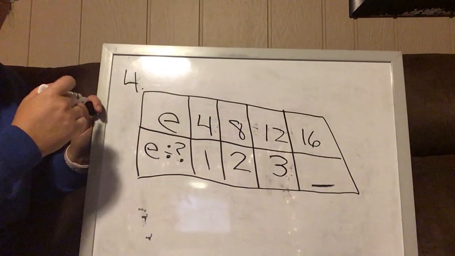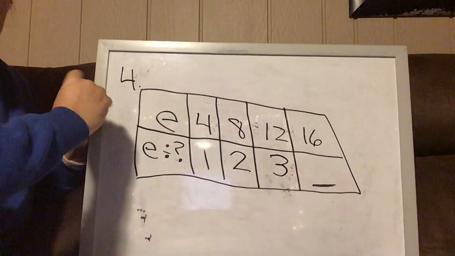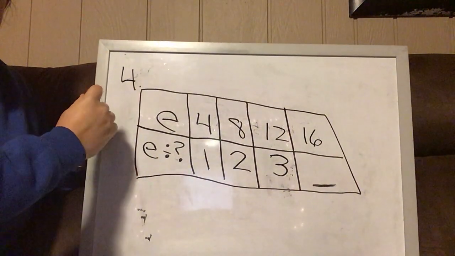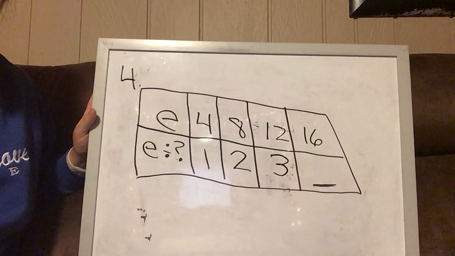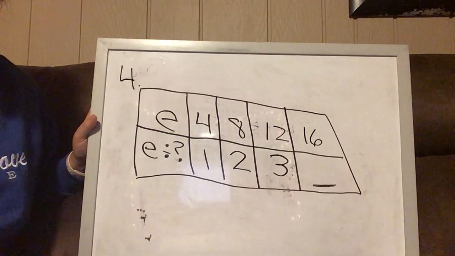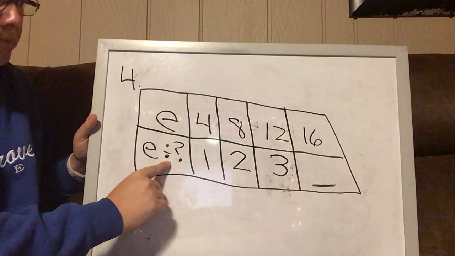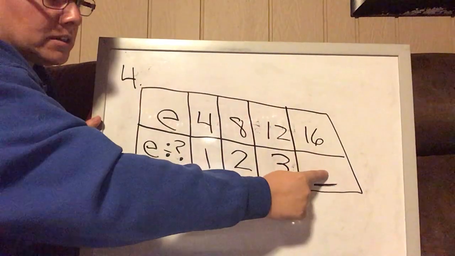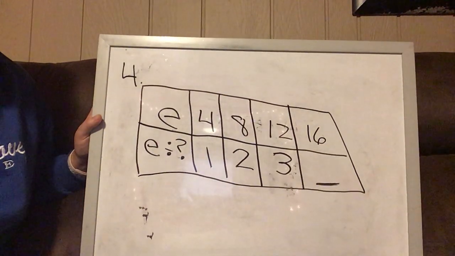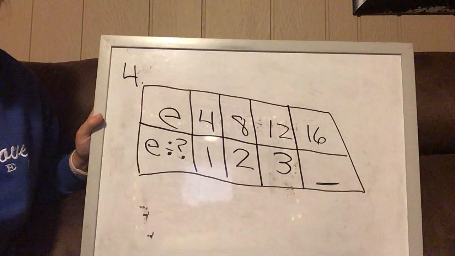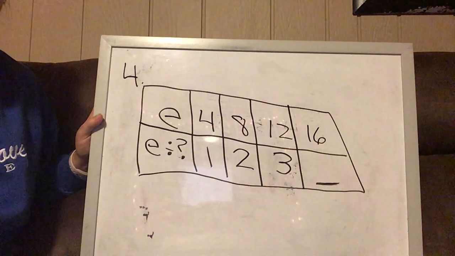Once you find that pattern, you can also fill in spots on the table. So 2 numbers you're finding me. You're finding me our mystery number here to help complete this expression. And then I want you to find what number is going to complete the table right there. In your math notebook, number 4.